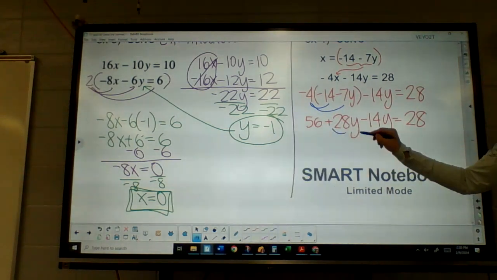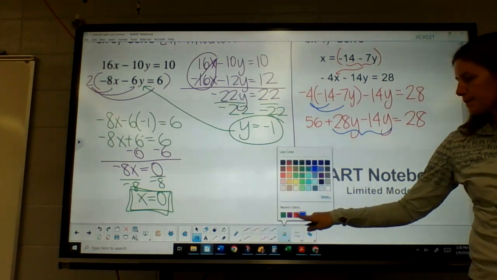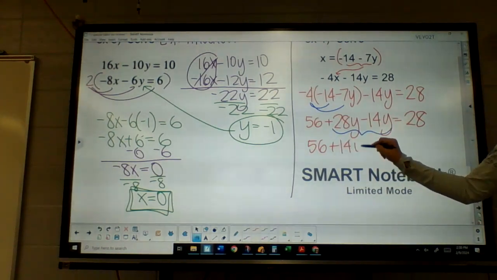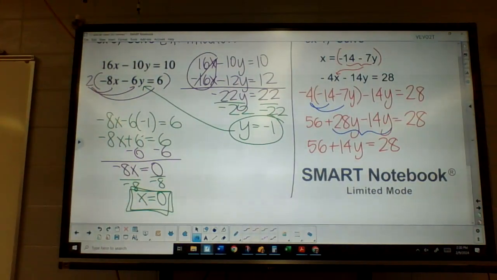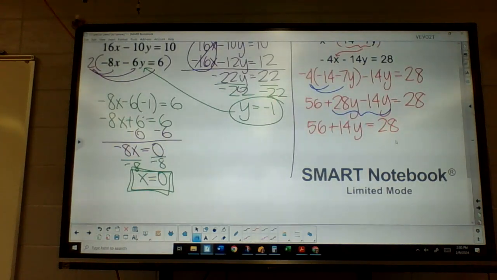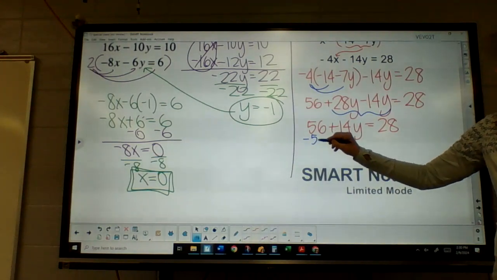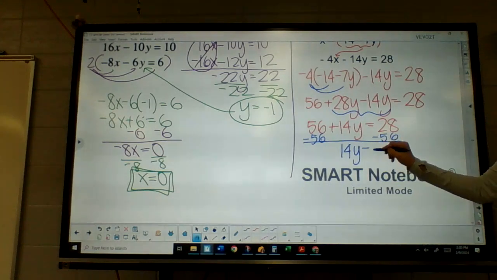Since they're on the same side of the equal sign, they just go together the way they are. So I have 56, and then this is going to be 28 minus 14, so 14y. I'm going to move that 56 over. So I'm going to get 14y equals a negative 28.